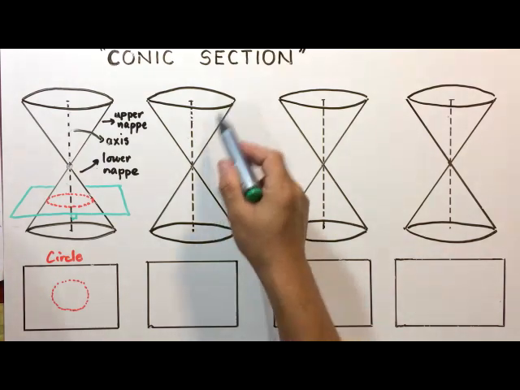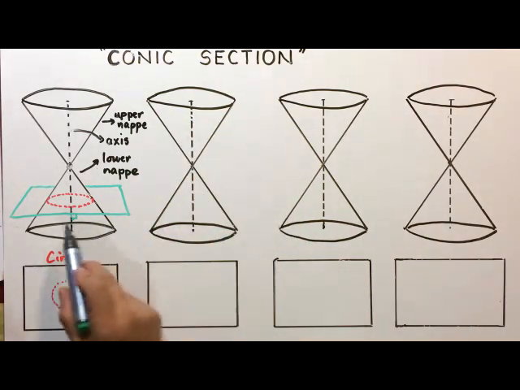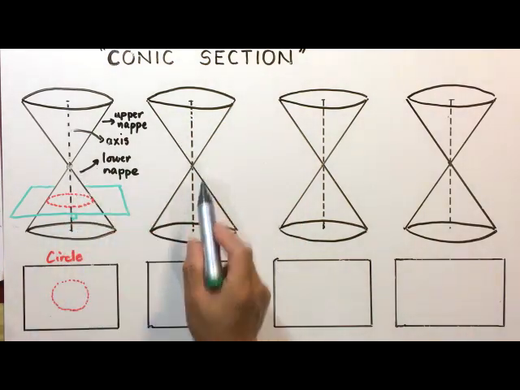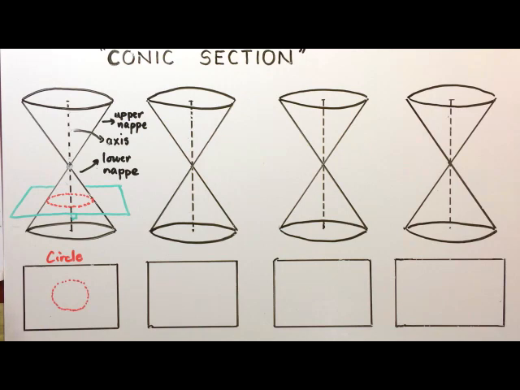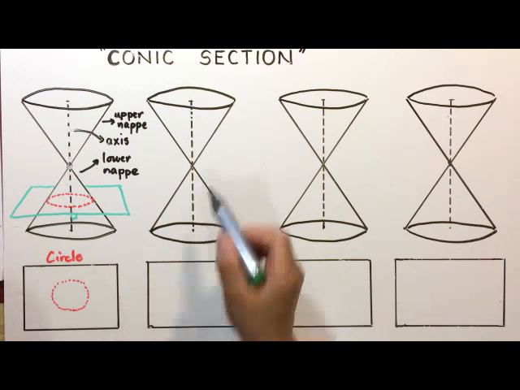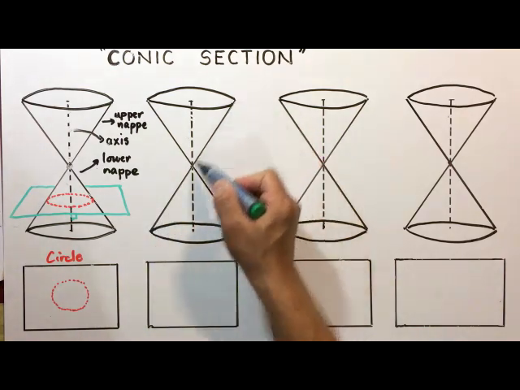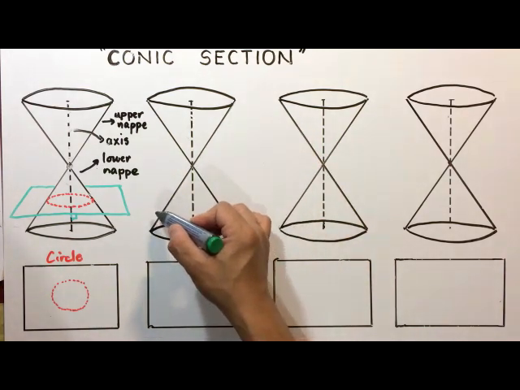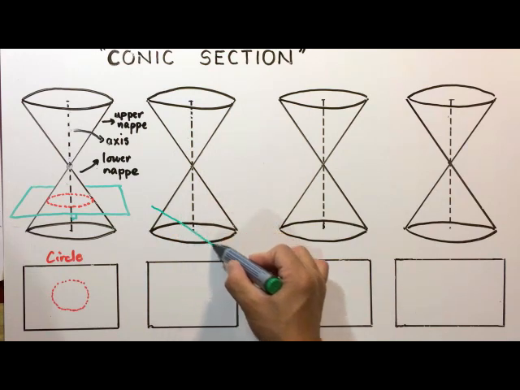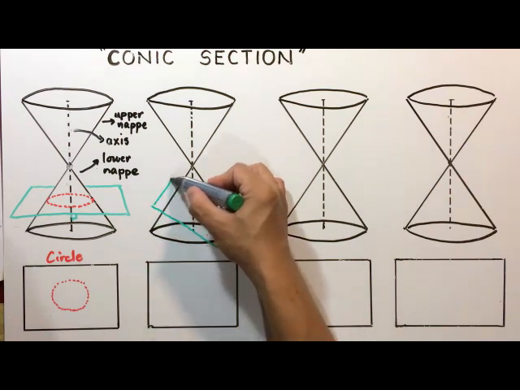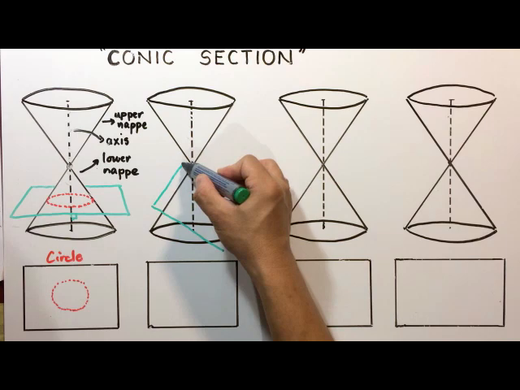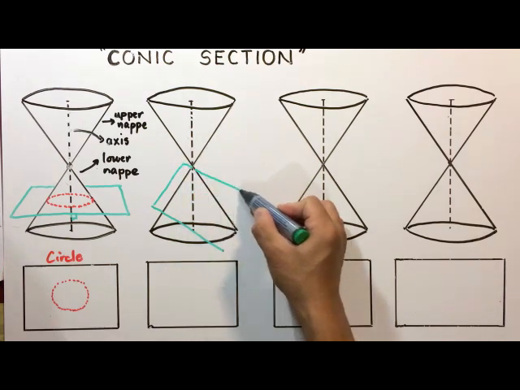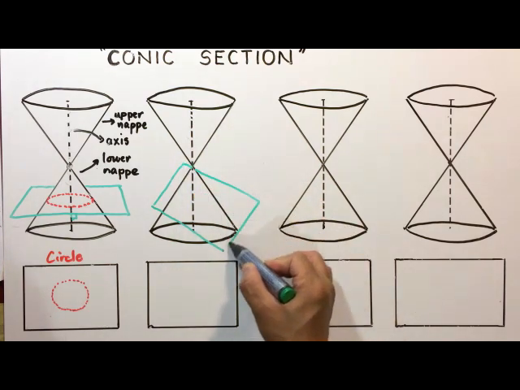Now, I have here a second drawing, a replica of this cone here. Suppose my cutting plane is not perpendicular to the axis of the conic, but it's parallel to the side of the cone. So this is the side of the cone, and if I draw here, I will cut here, my cutting plane is here. What figure can I make?